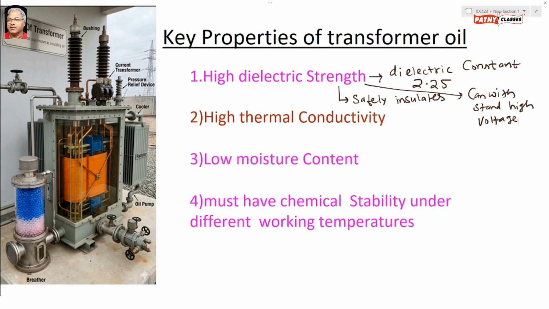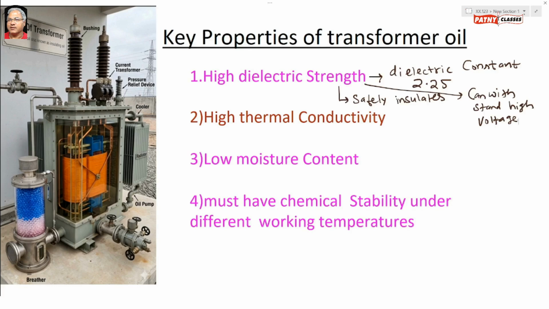So it should withstand its chemical properties even though temperature is increasing, and must provide perfect insulation for all safety purposes. And the dielectric constant of this oil must be about 2.25. On average, it is 2.25, which is much higher compared to air. So it is a perfect insulator.